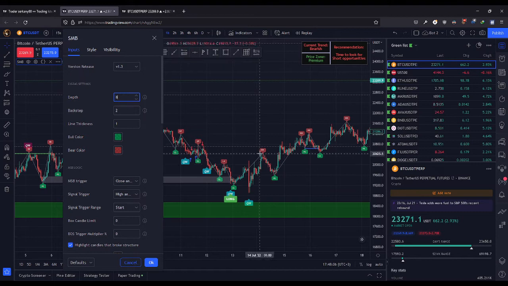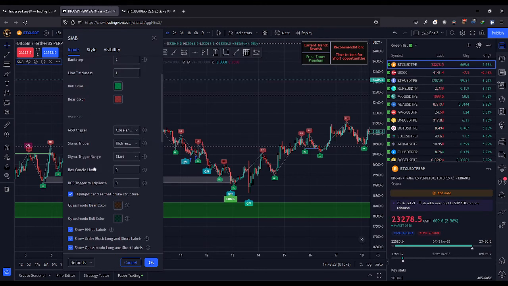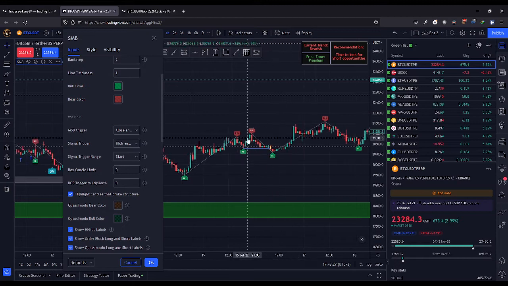First of all, the depth is the look back value of the zigzags, and the back step is the finalization. All of these have their special information when you look at it. The market structure break logic is down here, which means that if you know smart money concepts, when the price breaks the structure, there's going to be this line drawn.